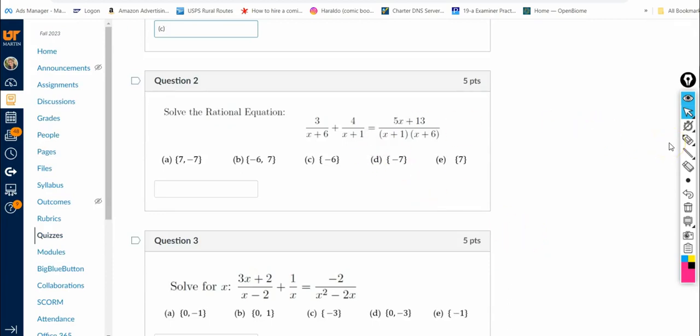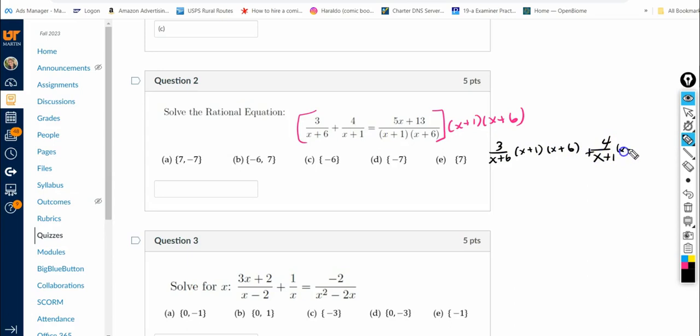All right, I'm going to do the same thing. I'm going to multiply everything by x plus 1 times x plus 6. So I'm going to have this fraction plus this one is equal to this one.